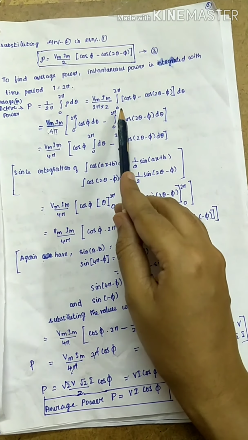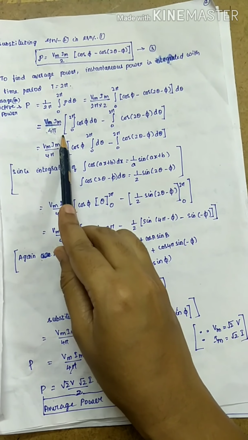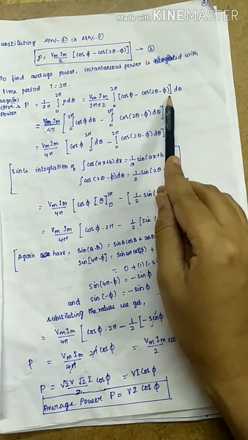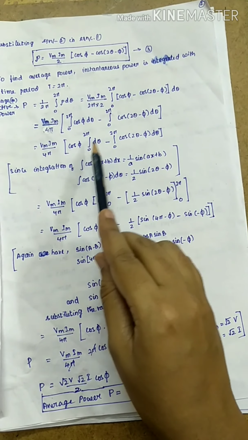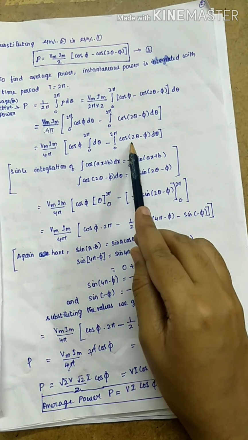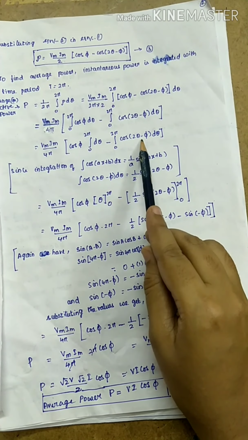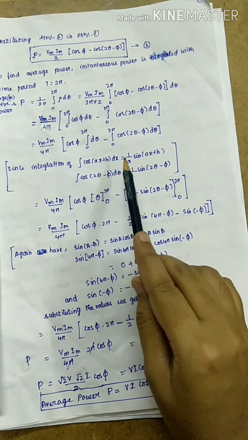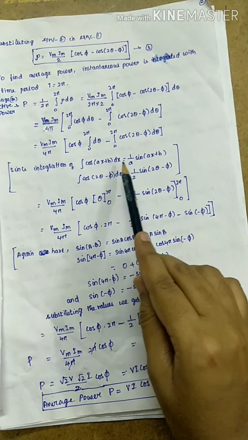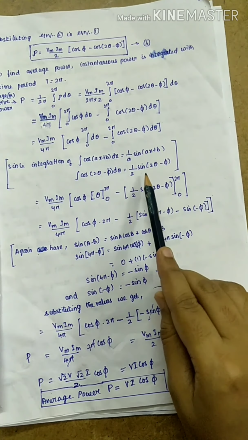First I take the constants out and split the integrals between the given limits. Here again we have cos (ax plus b) dx, which is the standard integral formula. I substitute these values in this integral formula.